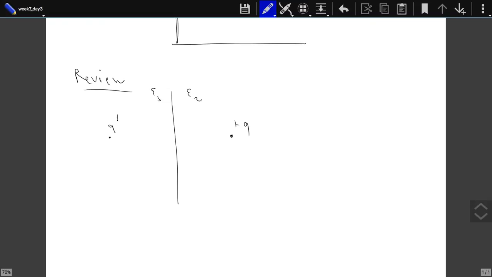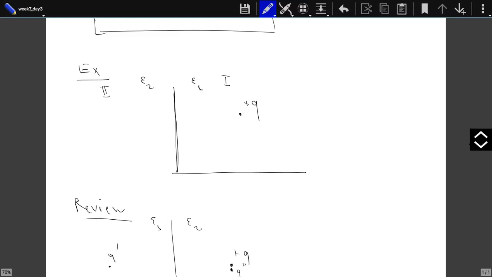If you observe it from region 1, we had seen that we have a single image charge, instead of plus Q we had some Q double prime. So this allowed us to solve it. So basically the problem is almost identical to the method of images with conductors, with slight modifications due to these dielectric constants. Now this is our problem.